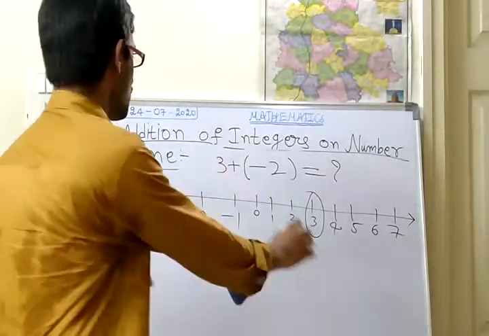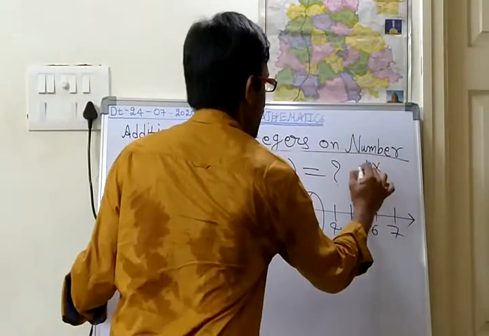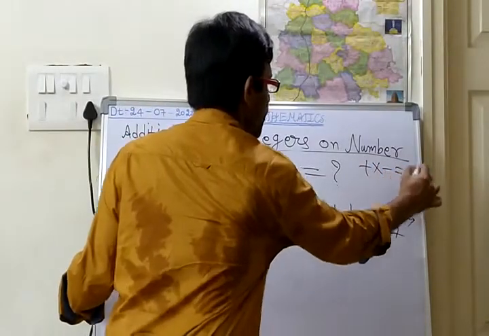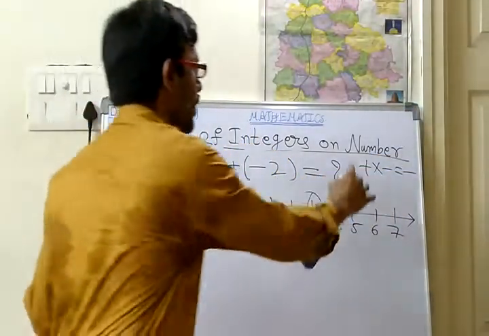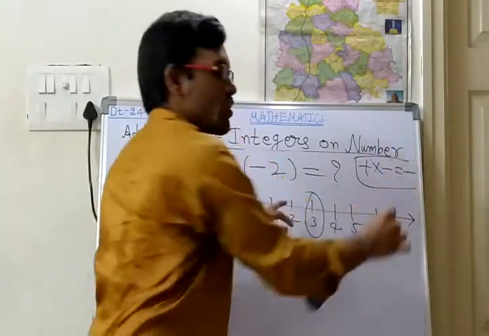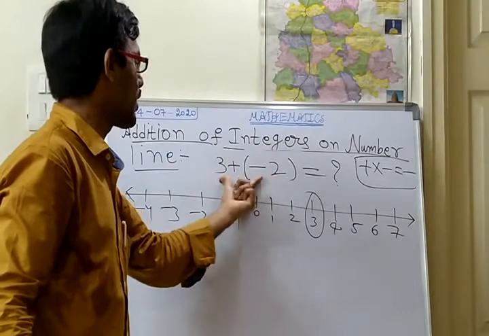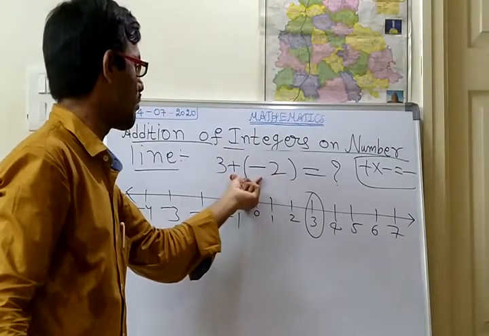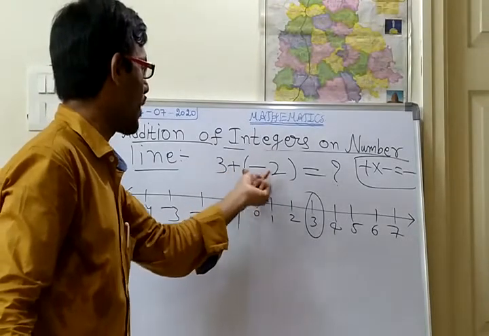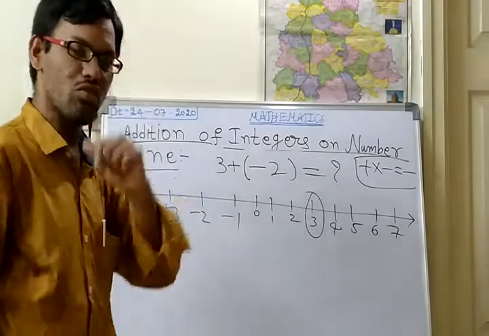Plus into minus is minus only. So here 3 plus of minus 2 becomes 3 minus 2. So 3 minus 2 is 1 only.